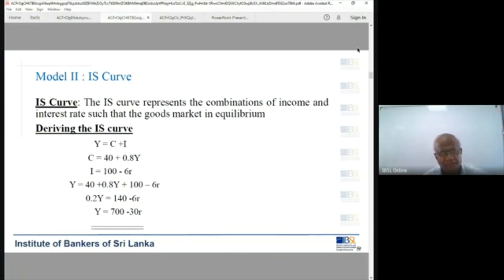Interest rate along the y-axis, income along the x-axis, Y and R. Remember the demand curve, quantity, price. Like that here, income, GDP, level of income, and the real interest rate.